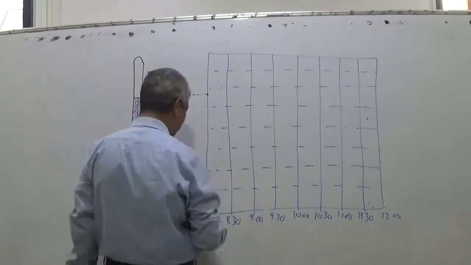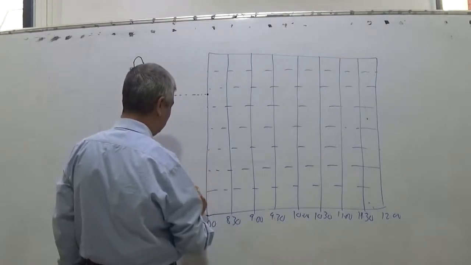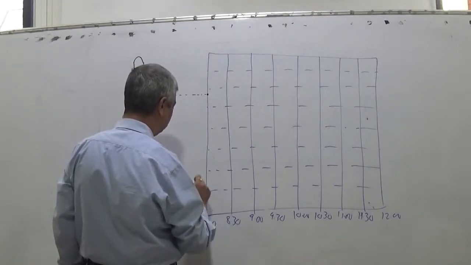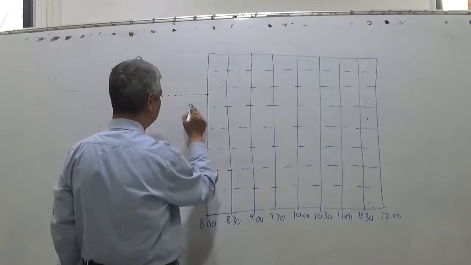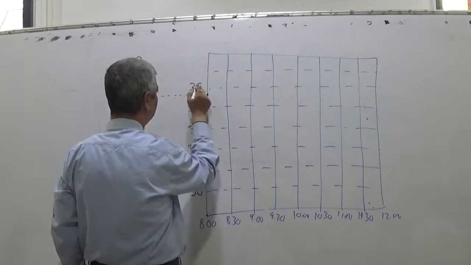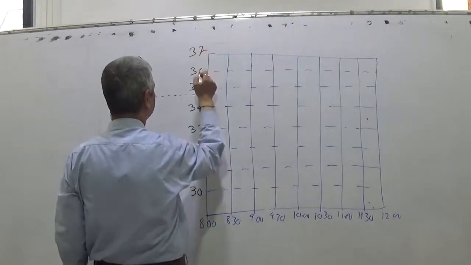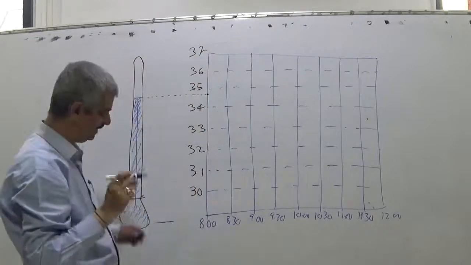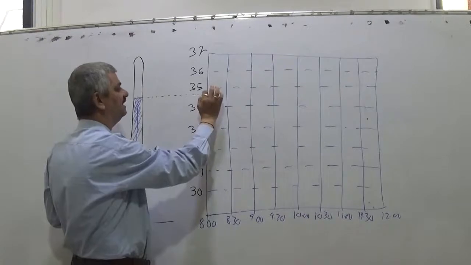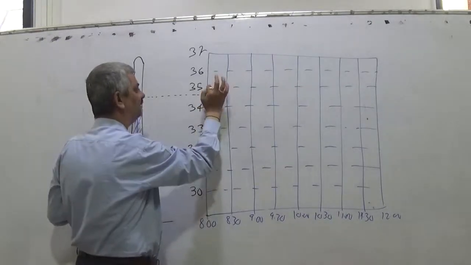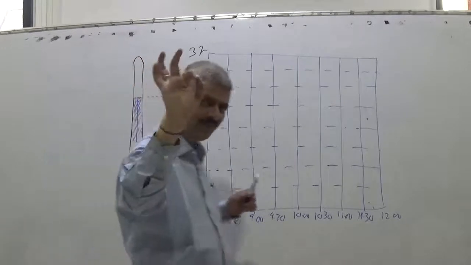So if it is atmospheric temperature, this may be 30, 31, 32, 33, 34, 35, 36, 37. Then you know that it is something between 34 to 35, but the exact point you note using a point.